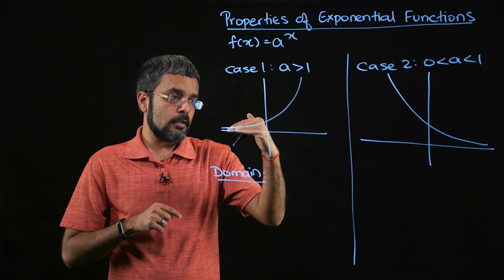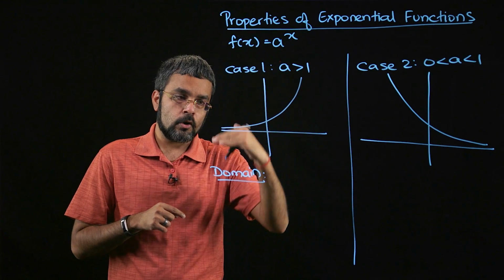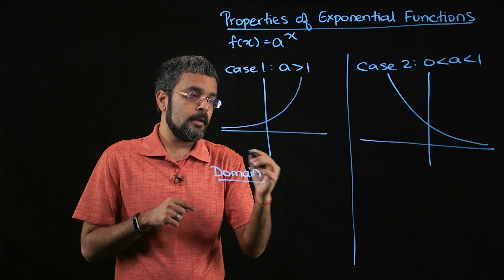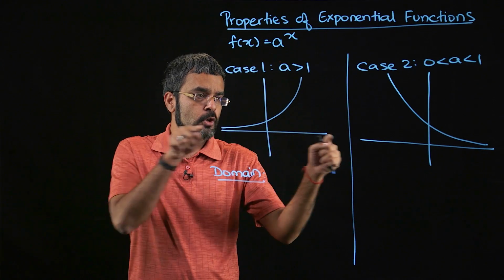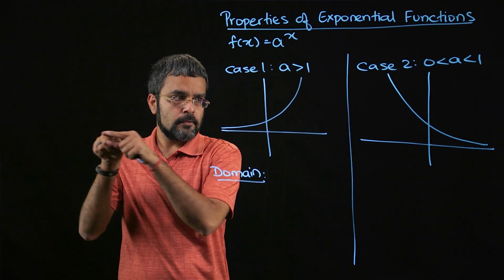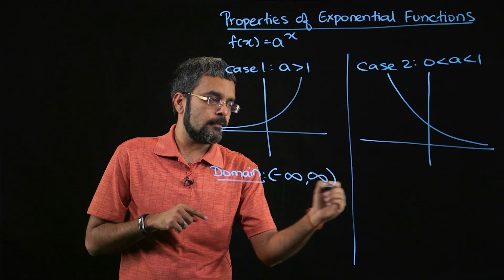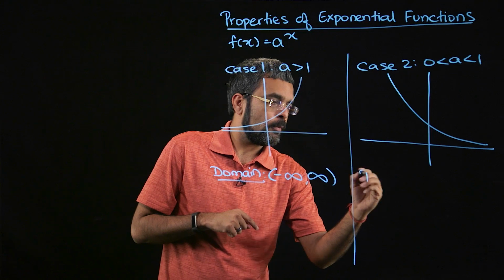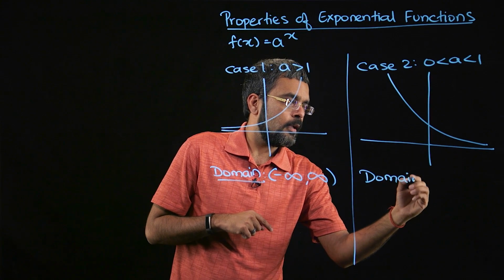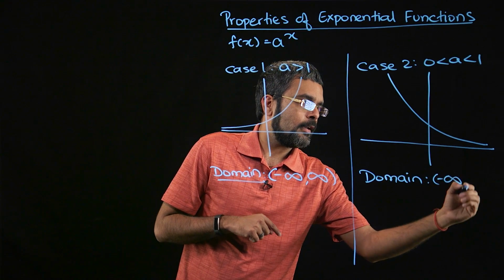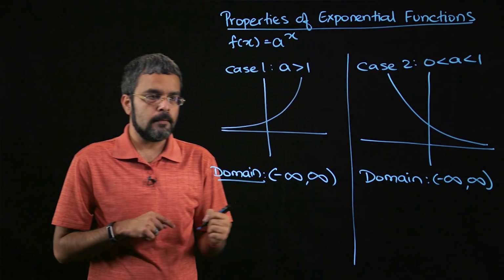Remember, the function never touches or crosses the x-axis. So in case of domain, there's no restriction. I can go all the way to the left, or I could go all the way to the right. And so that's going to be negative infinity to positive infinity. Same with this one. My domain is going to be negative infinity to positive infinity.